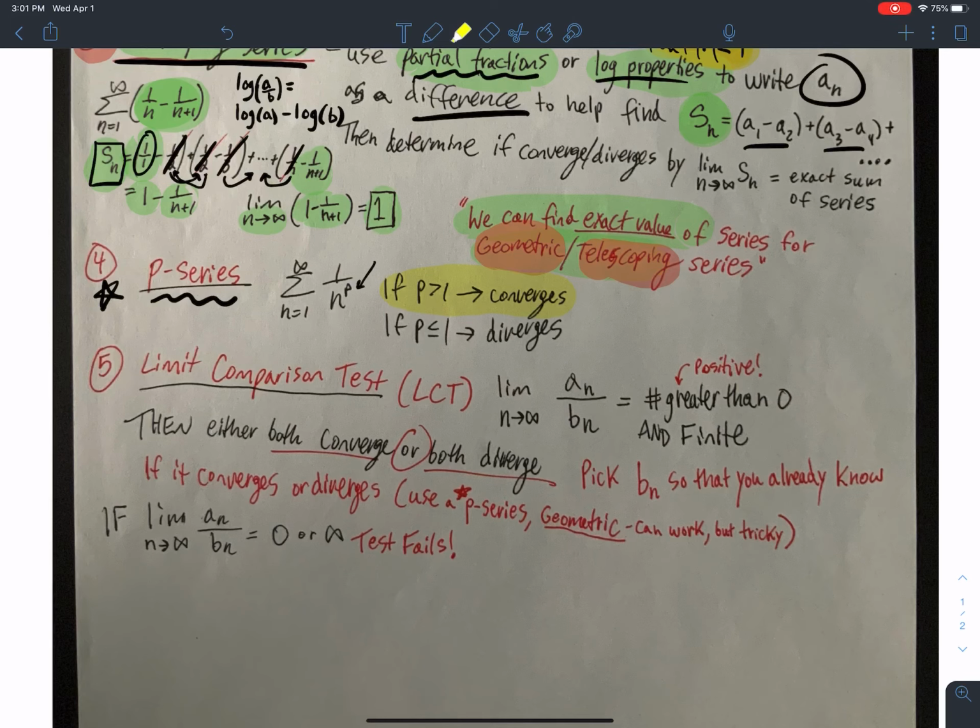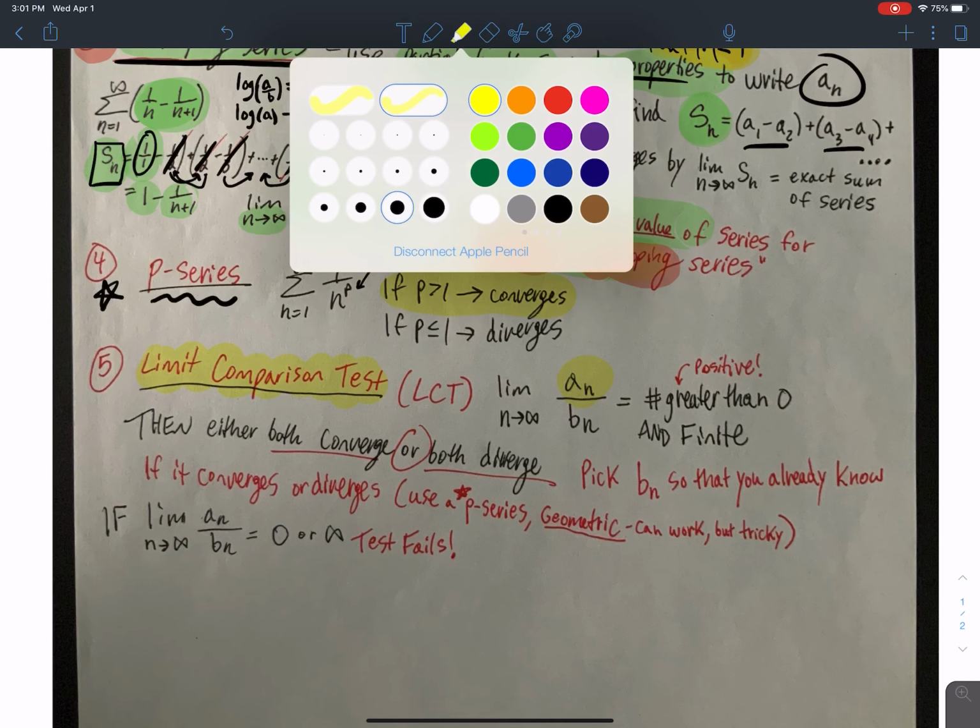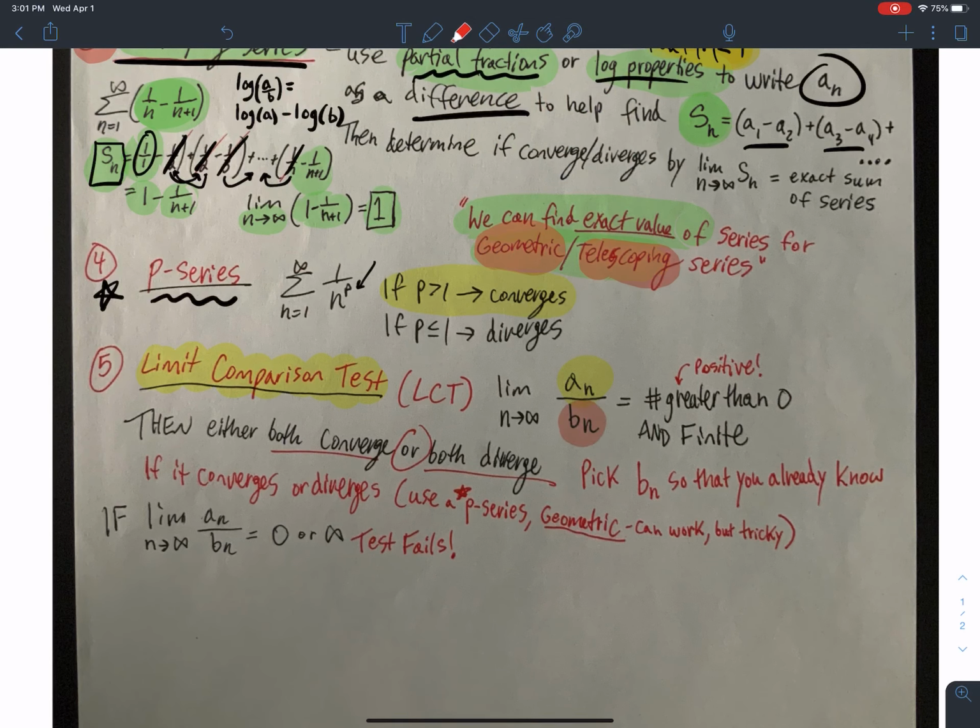I like the p-series when I'm going to run with the limit comparison test or the direct comparison test. Why? Because when you run the limit comparison test, not only do you need to make a guess on what you think a_n is going to do, but you got to know what b_n is going to do.